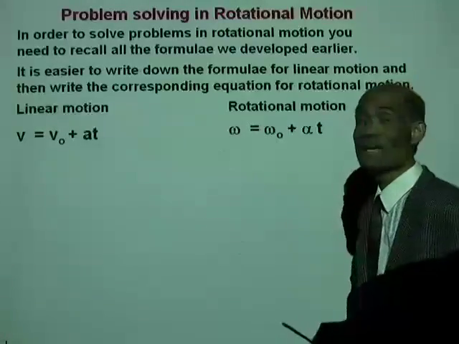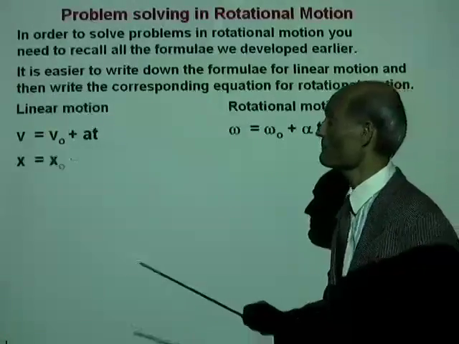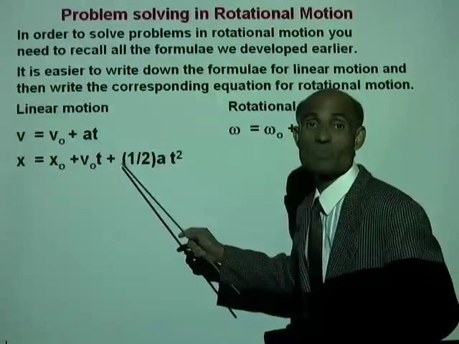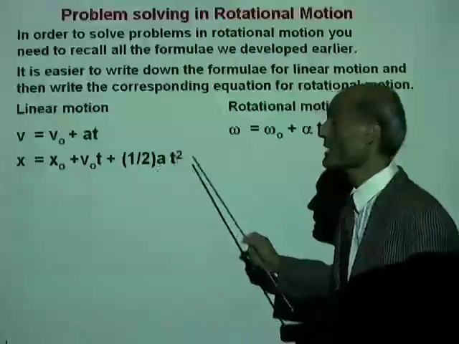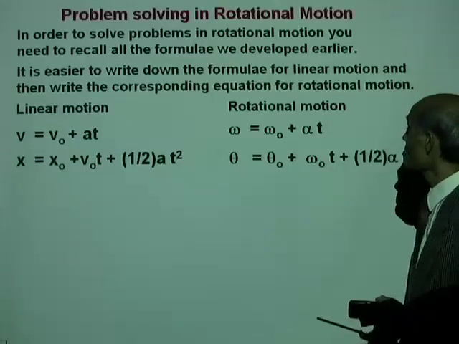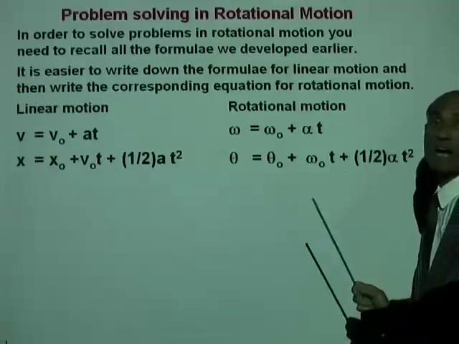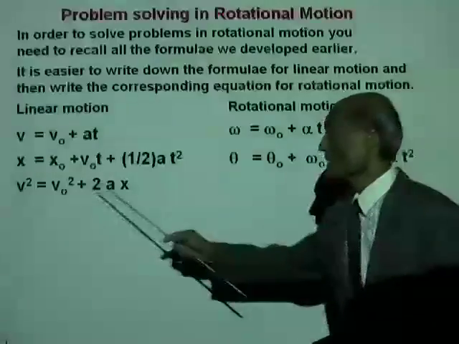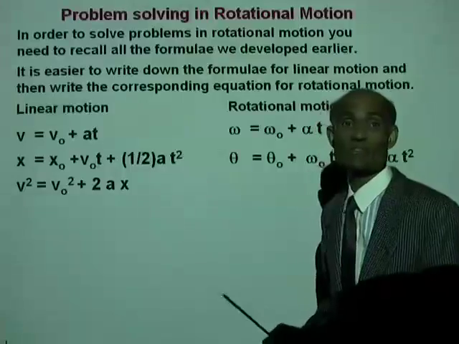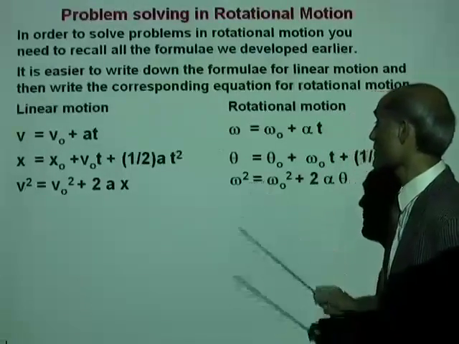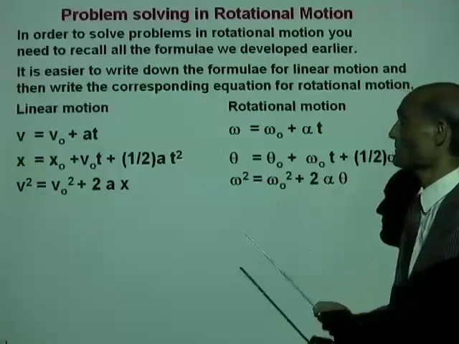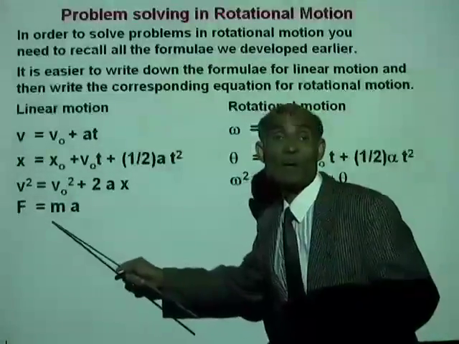Omega equal to omega 0 plus alpha t. x equal to x0 plus v0t plus 1/2 at squared becomes theta equal to theta 0 plus omega 0t plus 1/2 alpha t squared. v squared equal to v0 squared plus 2ax becomes omega squared equal to omega 0 squared plus 2 alpha theta.